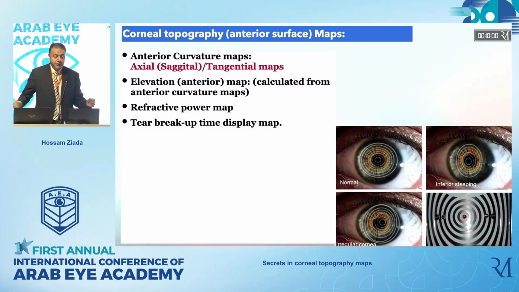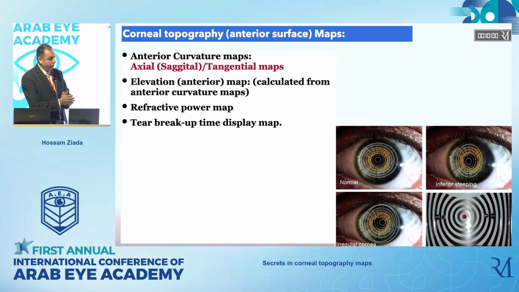We have two styles of curvature maps: tangential and axial maps. So which one of them will you rely on regarding refractive surgery? Actually, the axial is more plain and much easier to calculate, but it has wide gaps.